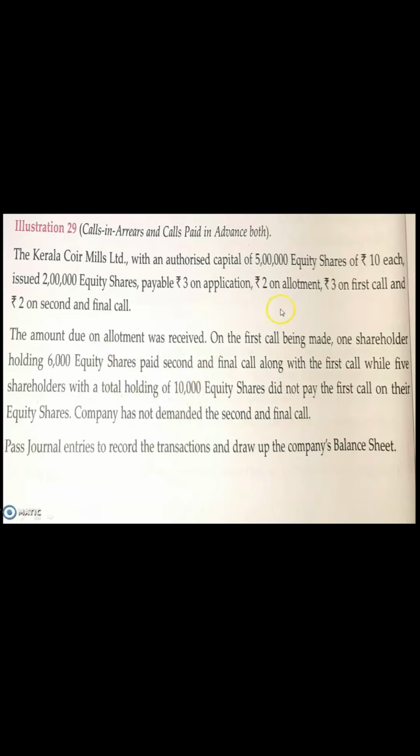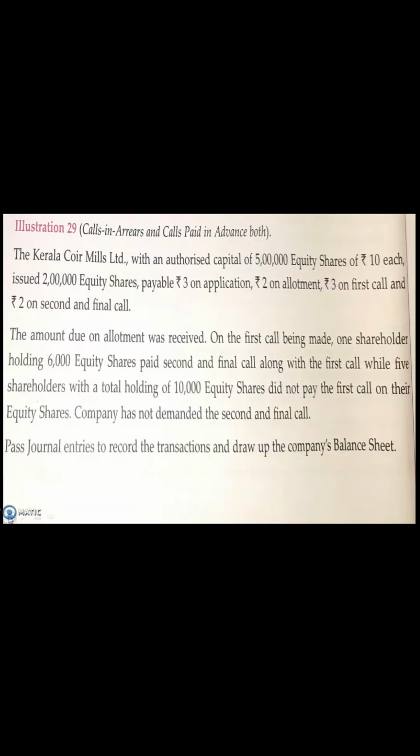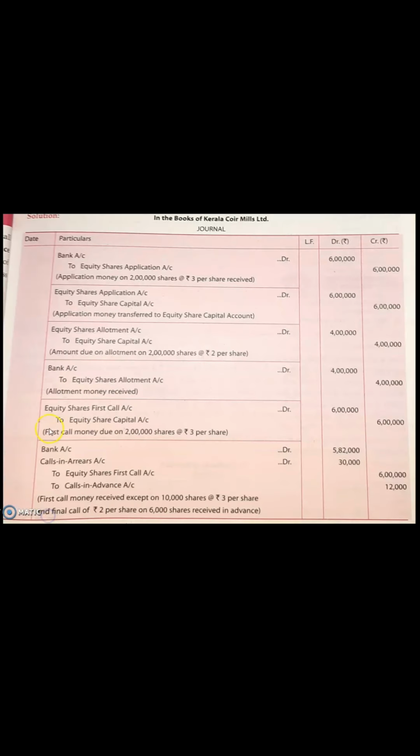They have not paid the first call, that is 10,000 into 3, 30,000 we have not received, and the amount which we have not received we have to show under the calls in arrear account. And you can see here calls in advance is from 6,000. One shareholder who is holding 6,000, from him 2 rupees on final call is received in advance. That means 6,000 into 2, that makes 12,000. So 12,000 you are receiving in advance.